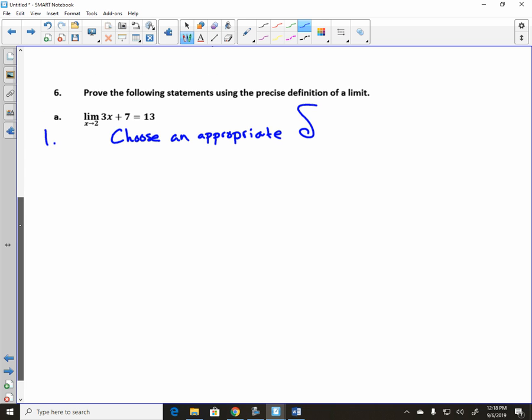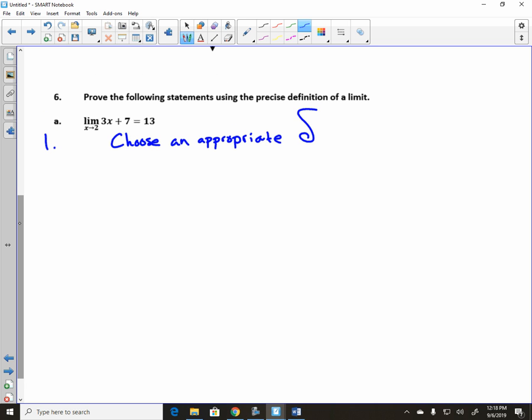Remember, part of the precise definition of the limit was the absolute value of f of x minus L is less than epsilon whenever the absolute value of x minus a is less than delta. So I'm going to write that out.